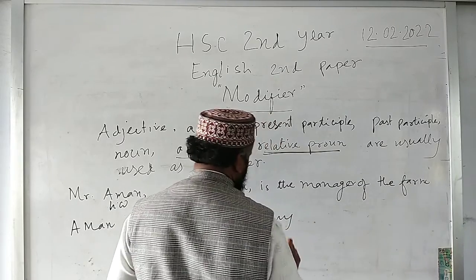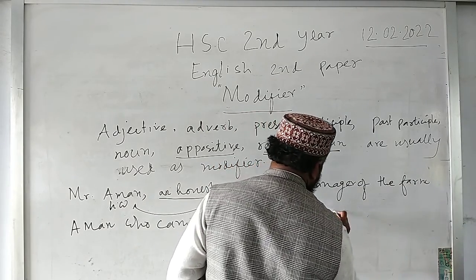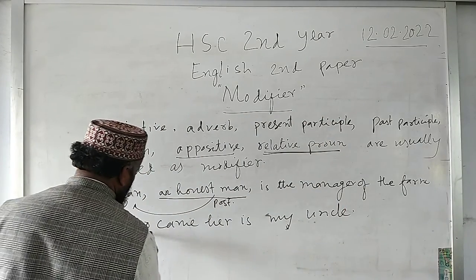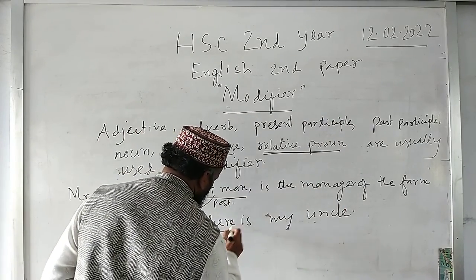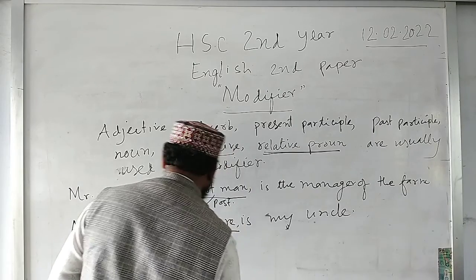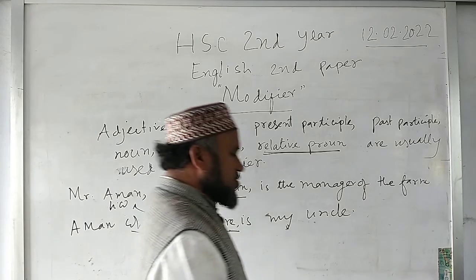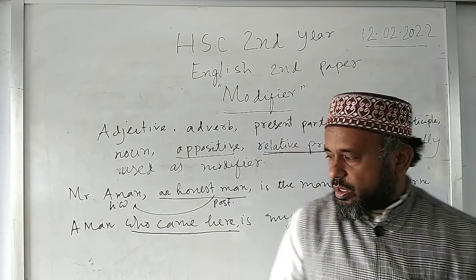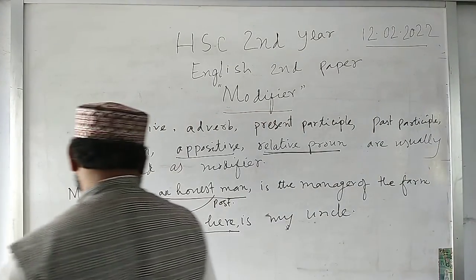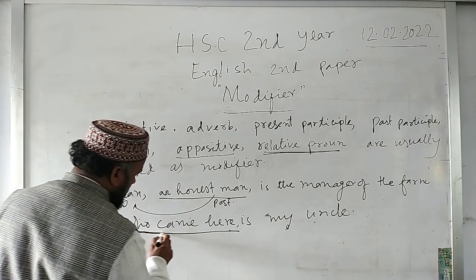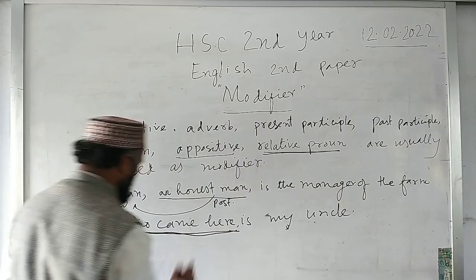A man who came here is my uncle. Look at this. This is a relative pronoun and this is a relative clause.